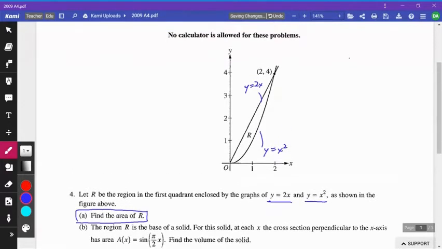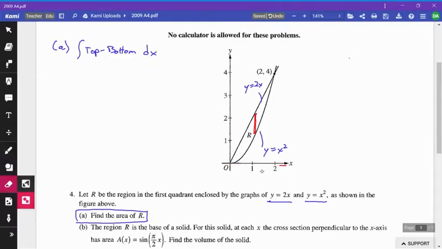So I'll do part A right here, and we're going to set up an integral. It's going to be the integral of top minus bottom. And in this case, it's going to be dx, because if I draw in my rectangle, it is going to be perpendicular to the x-axis.